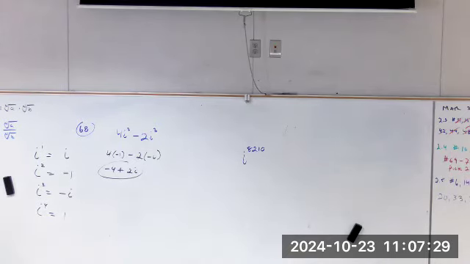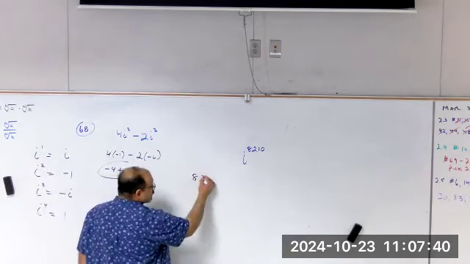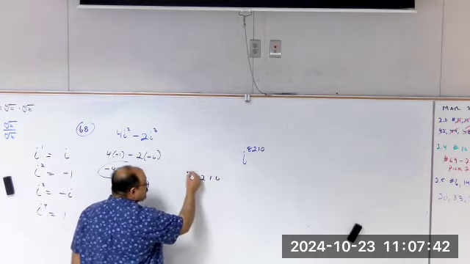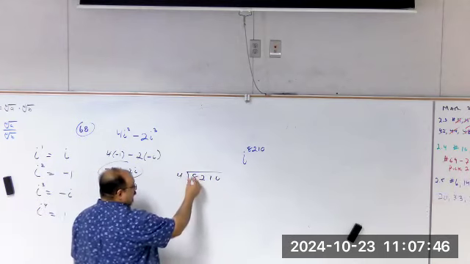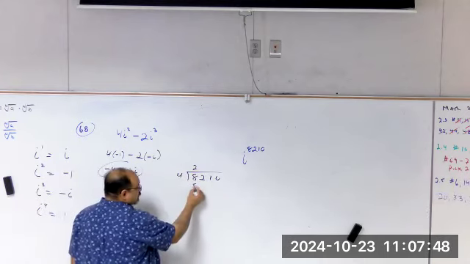i to the 8,210, you take that exponent. Since it repeats a pattern of 4, you take this exponent and you divide by 4. 4 goes into 8, 2 times in the thousands place.